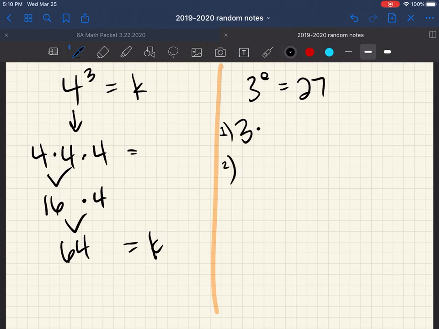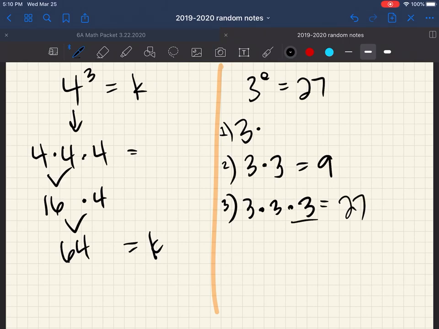Now, if it was 3 to the second power, this would be 3 times 3, which is 9. I'm not at 27 yet. But if I do 3 times 3 times 3, we know 3 times 3 is 9, and 9 times 3 is 27. That's what I'm looking for.